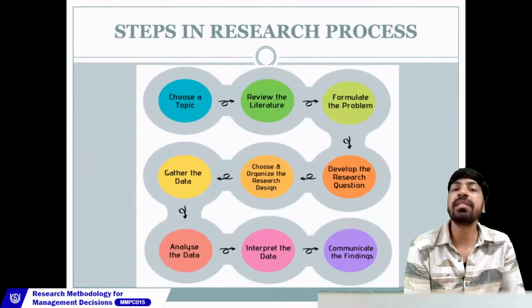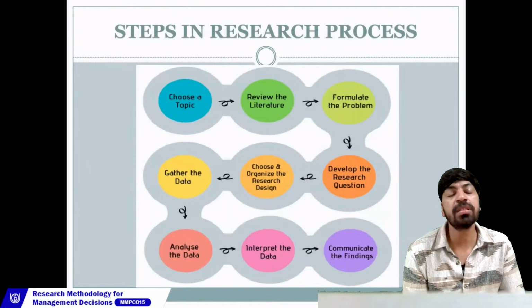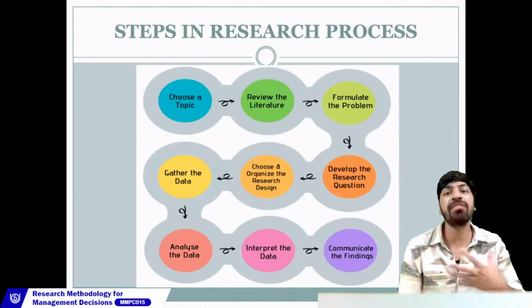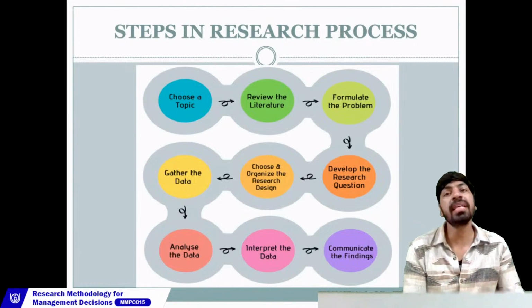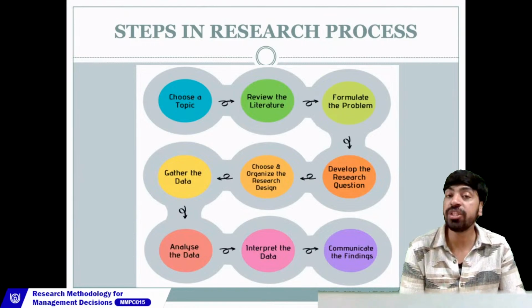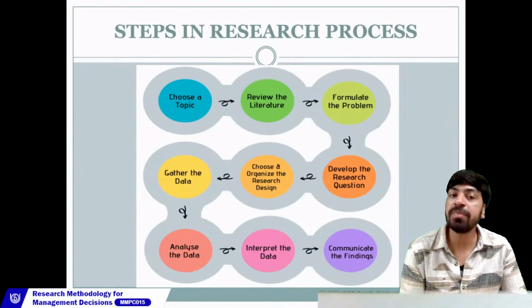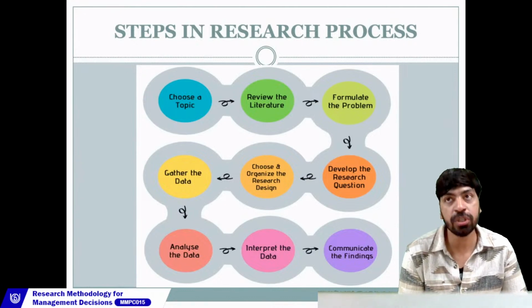Let's talk about the steps in the research process. Before I come to the steps, let's define what the research process is. Research process is a series of procedures, steps a researcher has to follow to prepare research objectives or research questions.